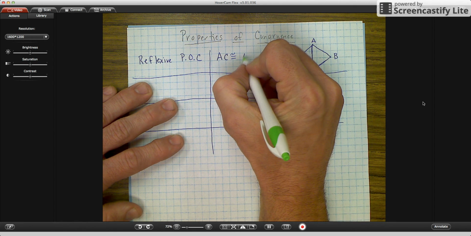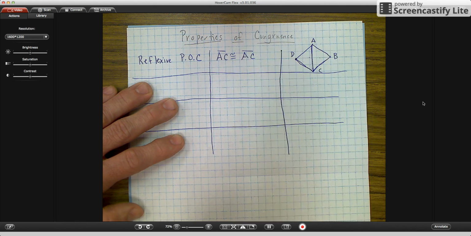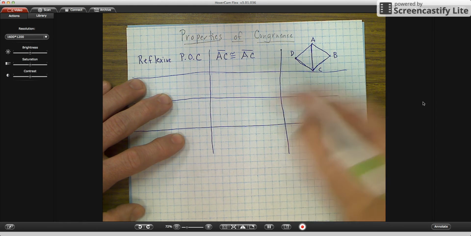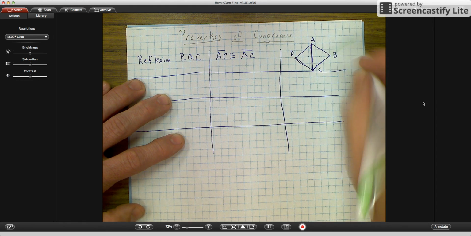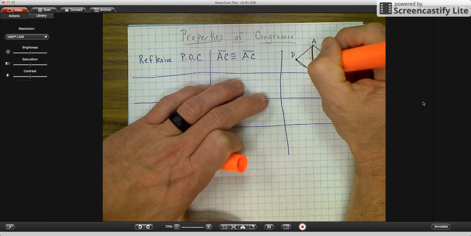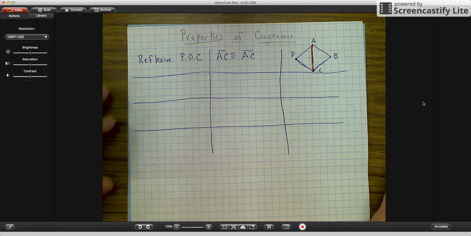So AC is going to be congruent to AC, and we'll put line segments over top. Does that make sense? So the reflexive property is for shared sides, and I'll highlight the shared side. If it is shared in multiple shapes, what it says is that it is congruent to itself.